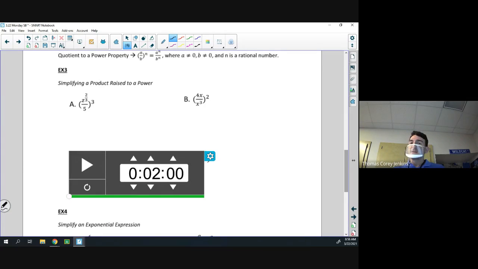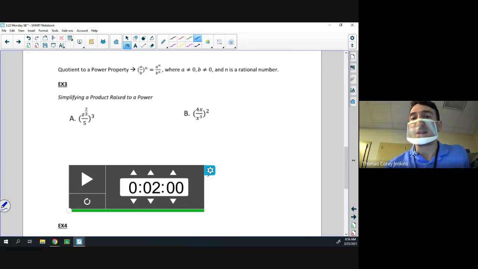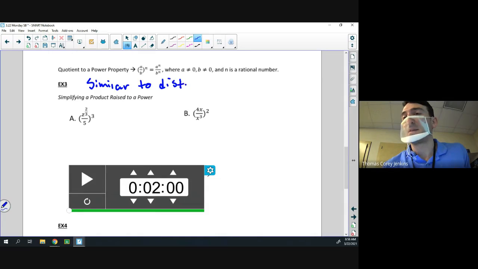All right. So this is again very similar to example 3 on 7.3, on the back side there. This is about the same thing, right? On that one, I said this is similar to the distributive property.